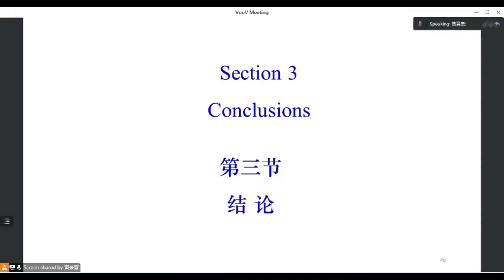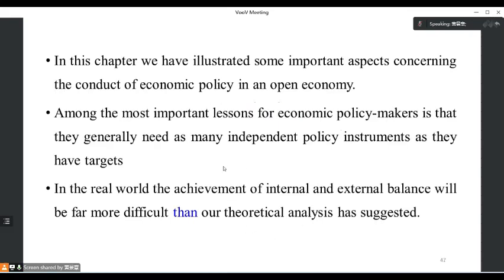Let's see section 3, conclusions. In Chinese, we can say 第三节结论. In this chapter, we have illustrated some important aspects concerning the conduct of economic policy in an open economy.